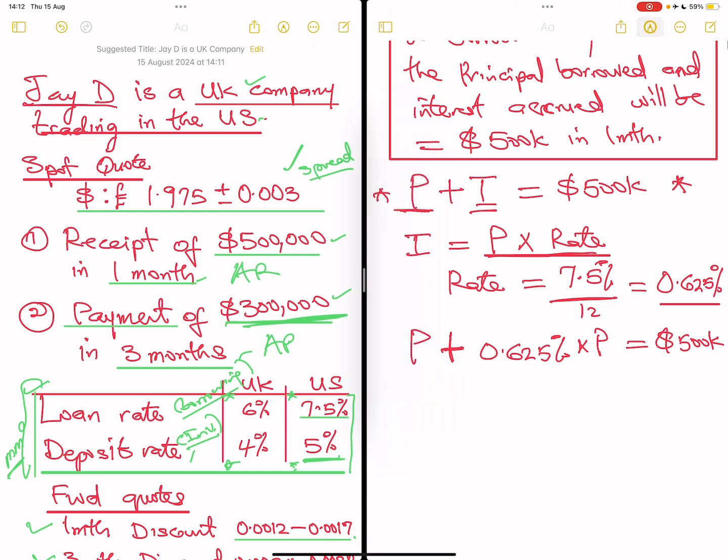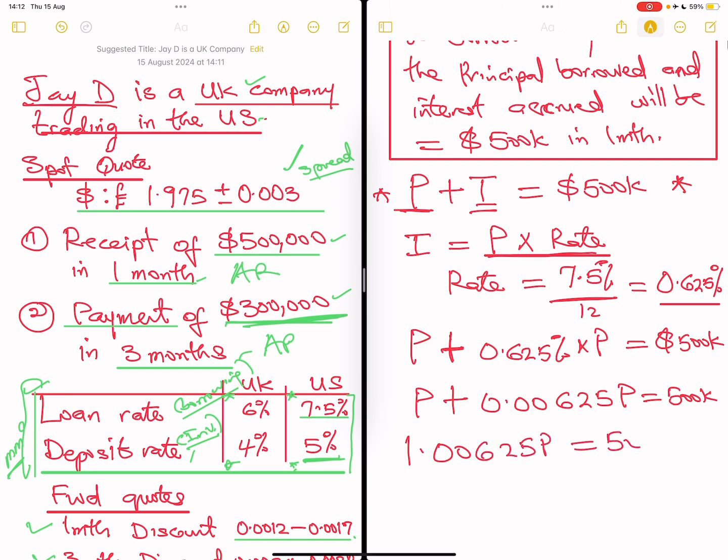Okay, so that will be equal to P plus 0.625% divided by 100, that is 0.00625P. It still equals 500K. So if you add 1P and 0.00625P together, it becomes 1.00625P equals 500K.